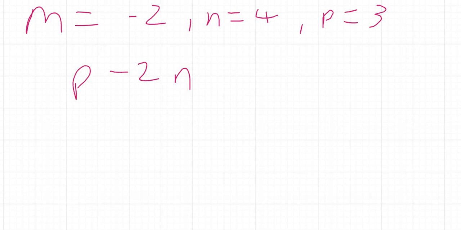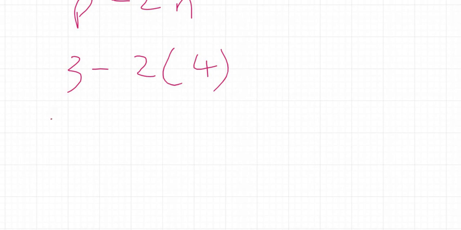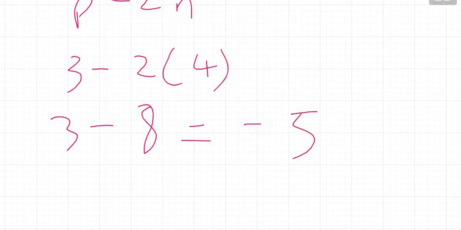So we have p is 3 minus 2 times 4. So how would we actually work this out? Well, according to the order of operations, we normally work out what is in the bracket first. So we say 2 times 4, that gives us 8, and then 3 minus 8 gives us negative 5.